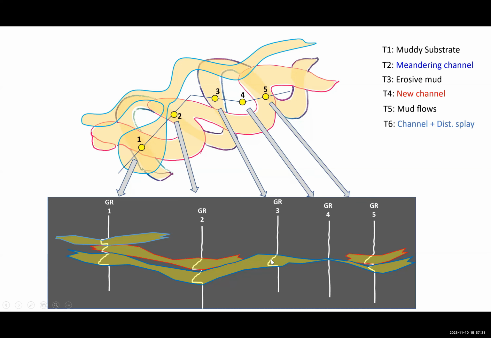So what this is saying is that we have to think about 3D architecture in a regional sense, why we are doing our connection, why we are doing our correlation, because what we know will influence how we connect these individual gamma ray reservoirs, okay?